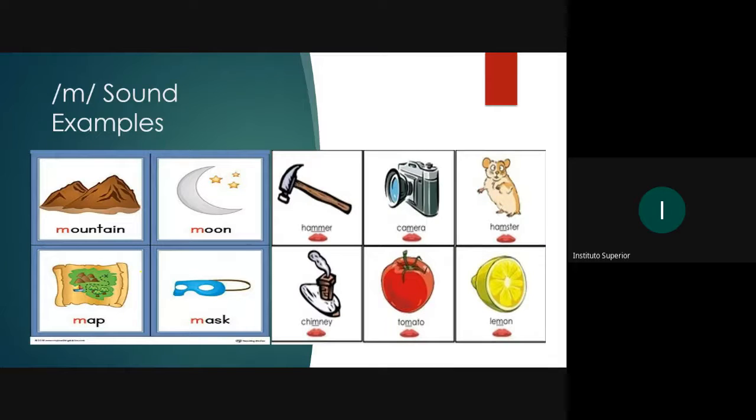Here we have examples. Let's participate, all of you.